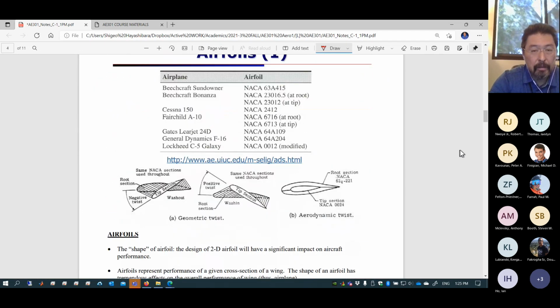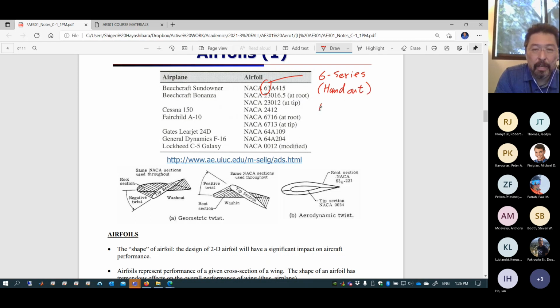So those are the types of airfoils. This is actually fairly well known. Beechcraft, Sundowner, Bonanza. This is a classic Beechcraft. It's a passenger airplane. Those are NACA, well, this is the NACA 6 series. Please take a look at the handout for that, okay?